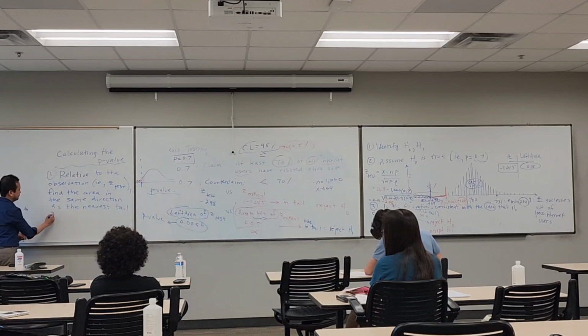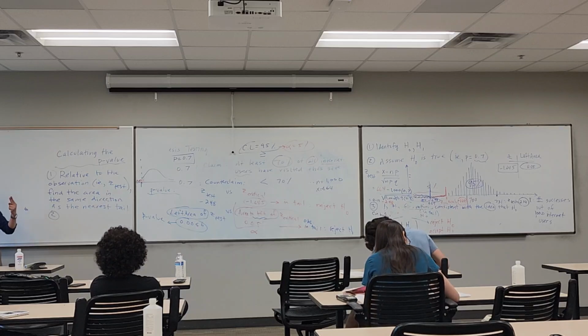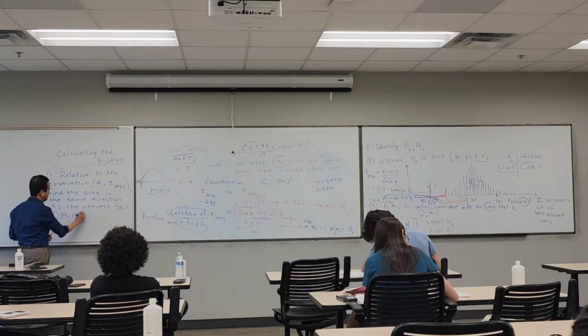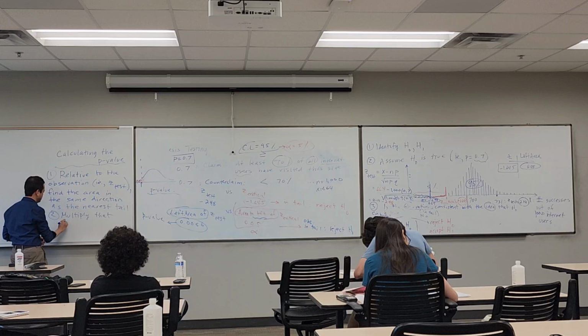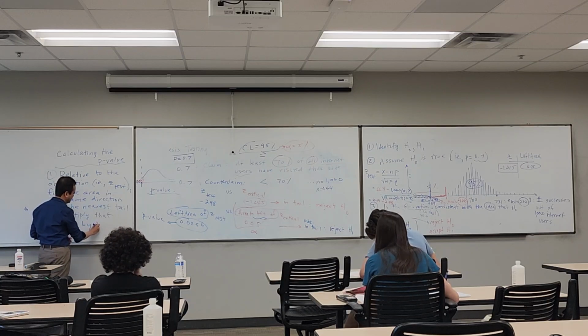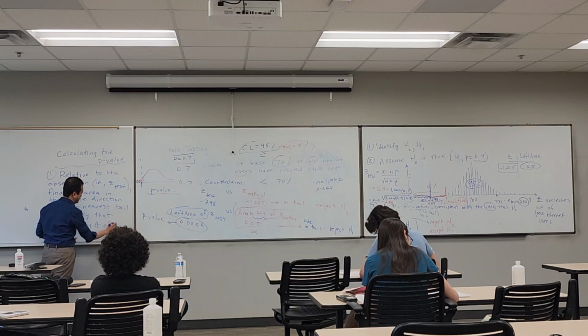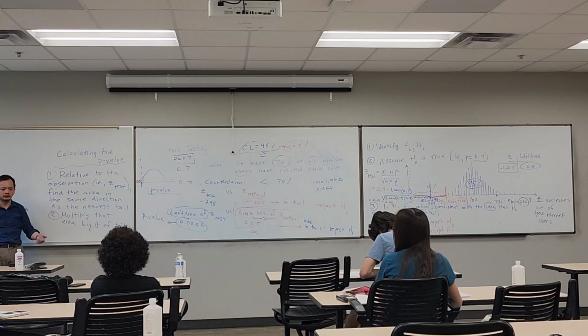The second step is to multiply that area that you just found by 2. Or not by 2, by the number of tails. So multiply that area by 2, or by the number of tails. So in this example, that area that we just found should be multiplied by what? 1.